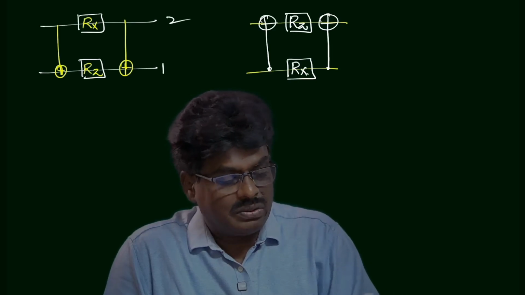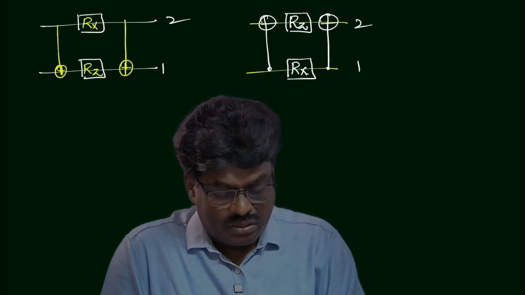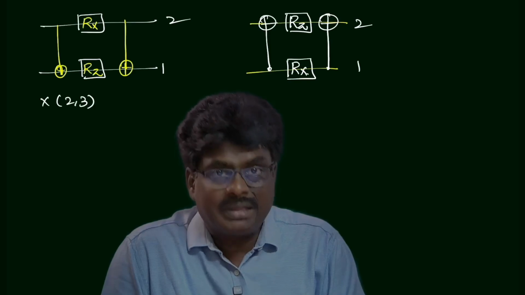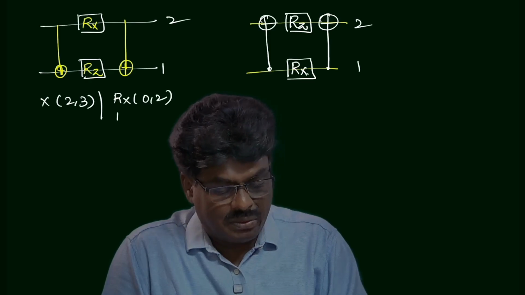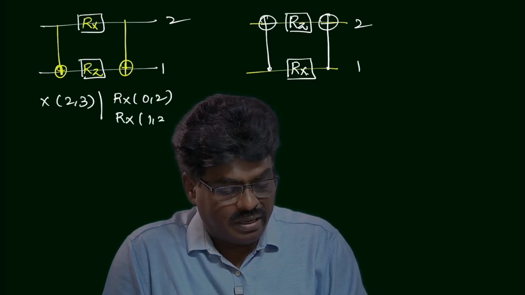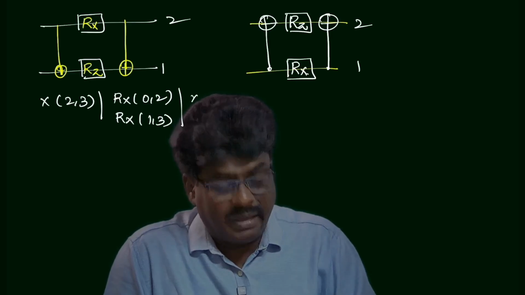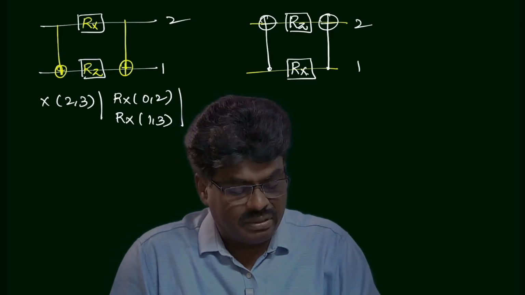Now this is 1 2 and this is 1 2. So here we have x 2 comma 3. So take the operations rx 0 comma 2 and rx 1 comma 3, and again one more rz is there, careful.